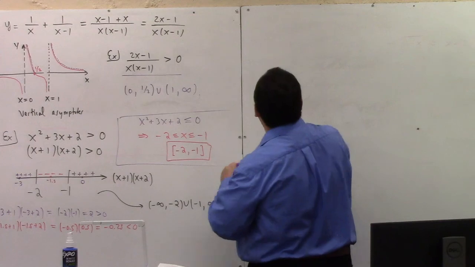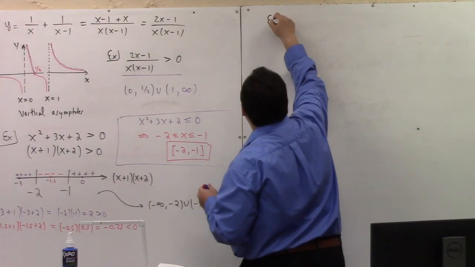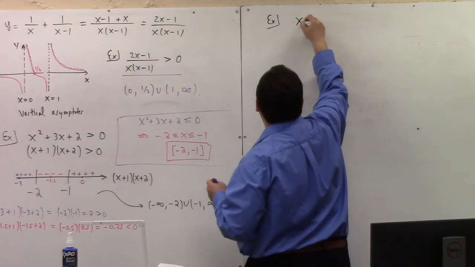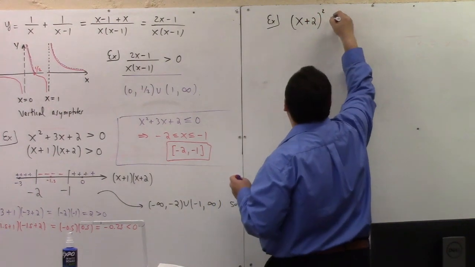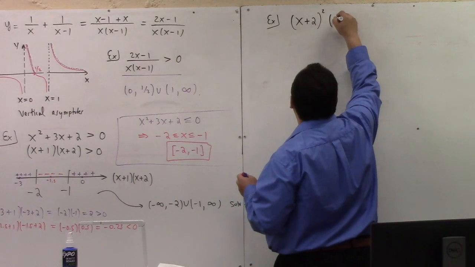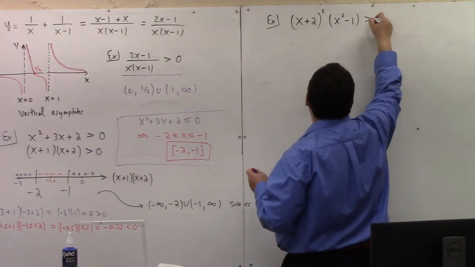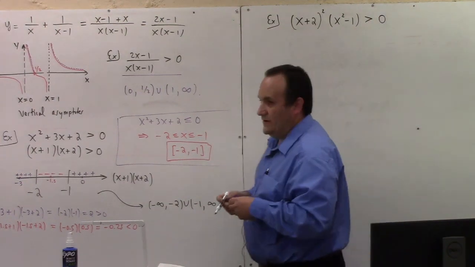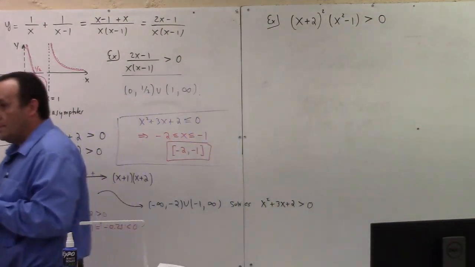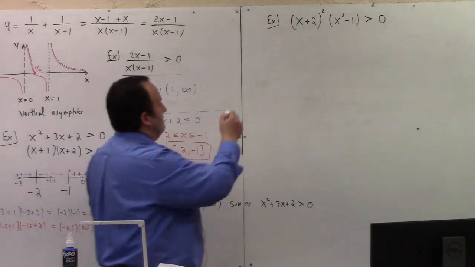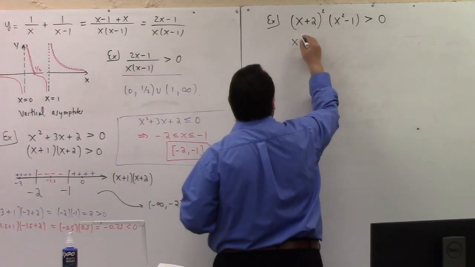So one more example, and then I'm going to go on here. If I had, let's say, x plus 2 quantity squared times x squared minus 1, and I wanted to solve that greater than 0, how would I do it? The first order of business with this one is to convert it into a factored form.